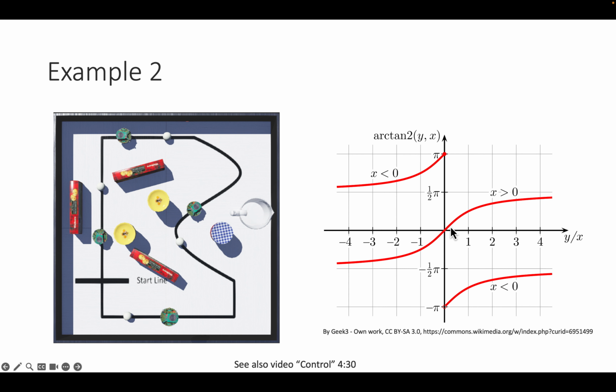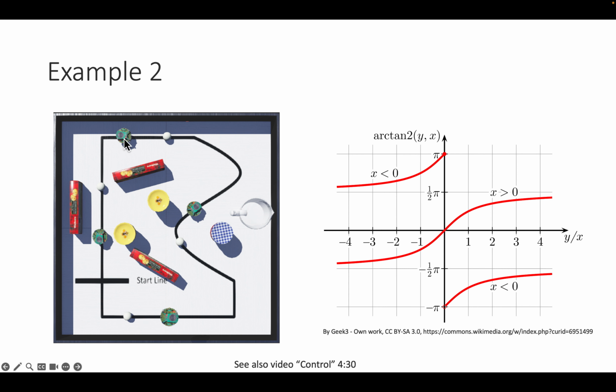But now the x difference is 0, so you will find that the ratio between y and x goes to infinity. So you end up with half pi, which is 90 degrees. Now 90 degrees minus 90 degrees, which is the orientation of the robot, gives you 0 degrees. So the robot can just keep driving forward.